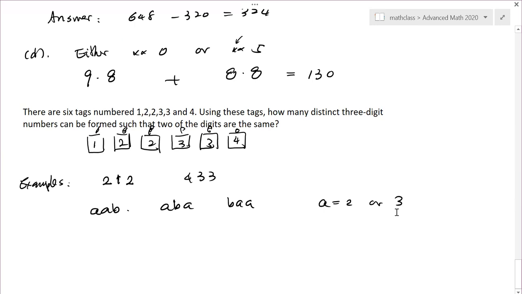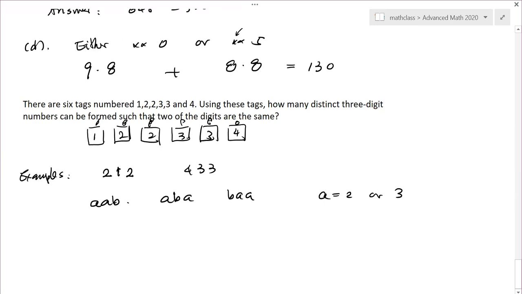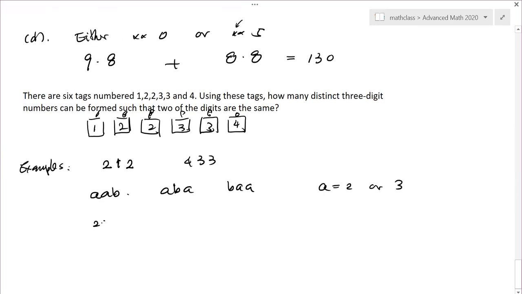Once you choose A, you can divide them into 2 groups: 2, 2, B; 2, B, 2; and B, 2, 2. Another group is 3, 3, B; 3, B, 3; and B, 3, 3.